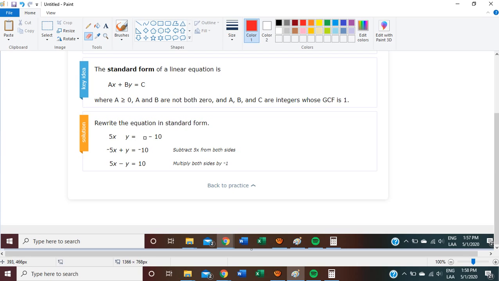Remember, it was adding, even though there is a subtraction number here, the one that is subtracting is the 10, because the 10 is the negative number. The 5x actually was adding, because it was positive. Now if we send it to the other side, it is going to be subtracting.